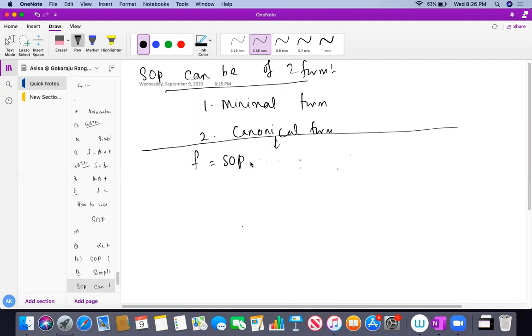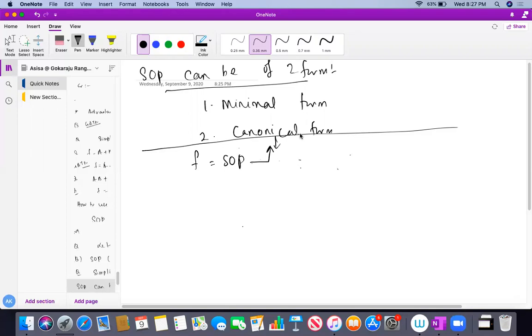SOP can be expressed in canonical form if all the variables are present in each min term, either in complemented or uncomplemented form. Canonical form needs to be simplified by using certain Boolean algebra, which is nothing else but theorems and postulates, to get the minimized version, which is called the minimal form of SOP, which is to be expressed for the digital circuit to be designed.